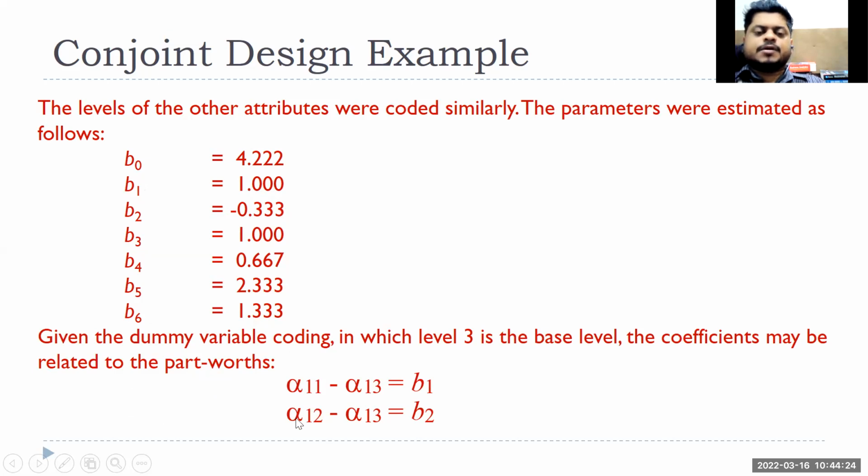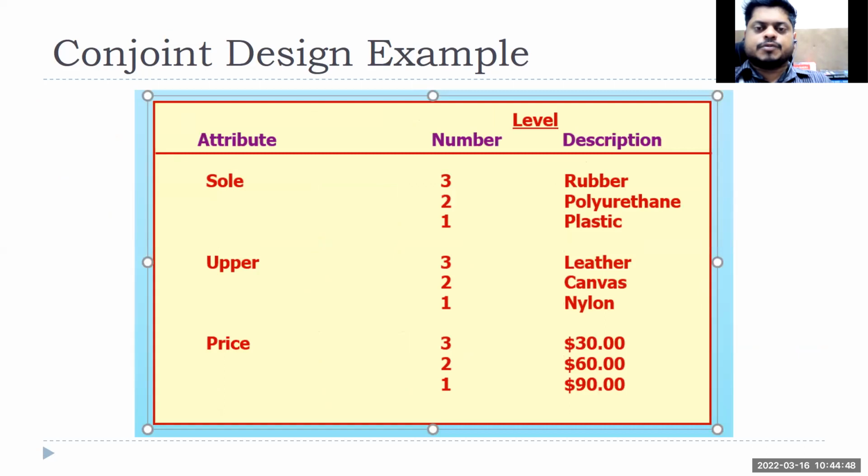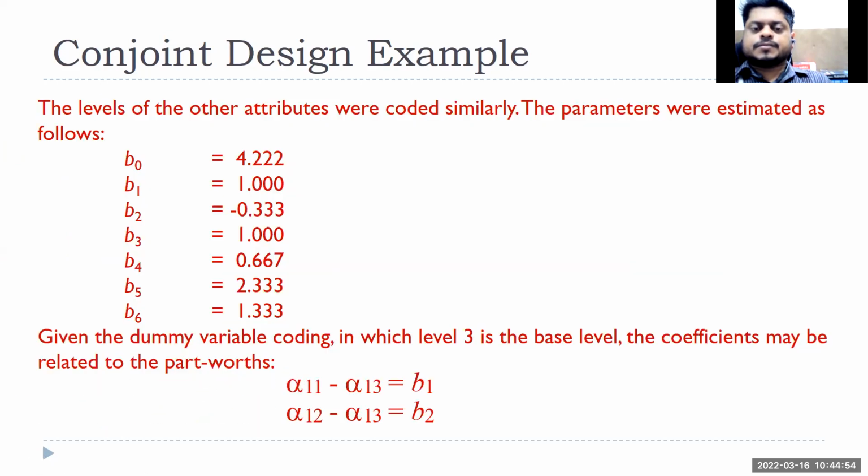So what does B1 mean? It is the difference between label 1 and label 3 for the product attribute sole. What were the labels of sole? One was plastic, then polyurethane and rubber. So the difference in choice between plastic and rubber is B1, and the difference in choice between polyurethane and rubber is B2.